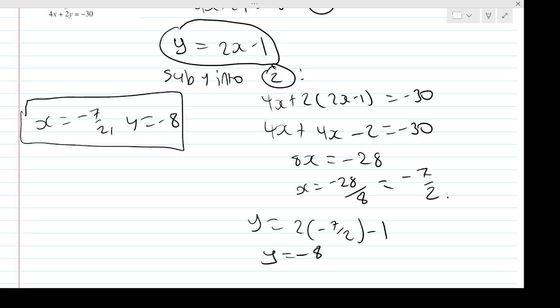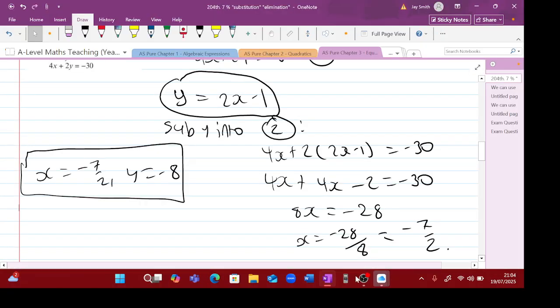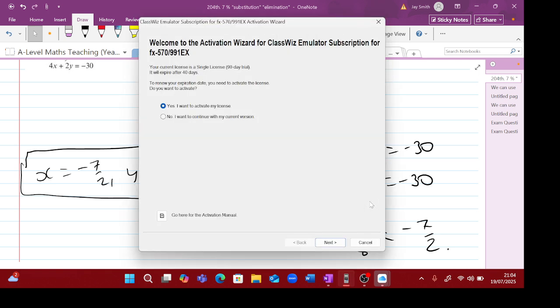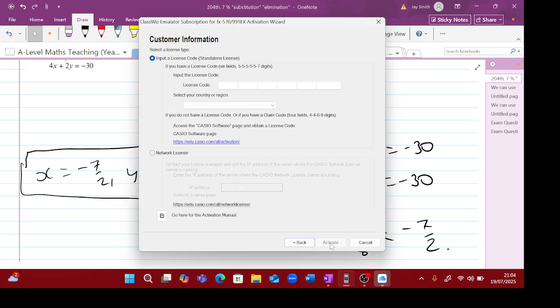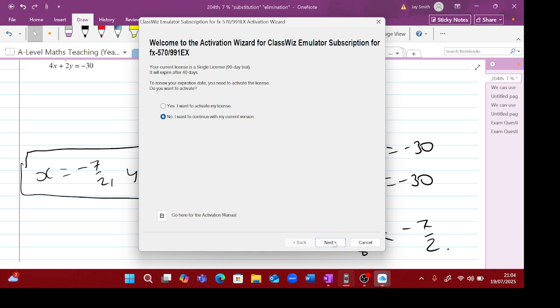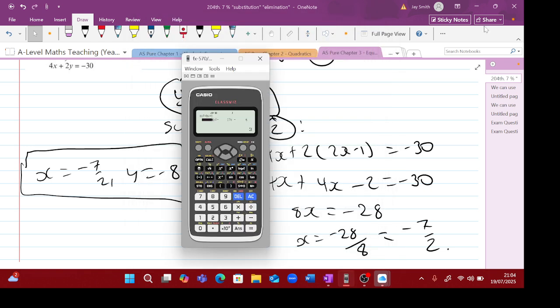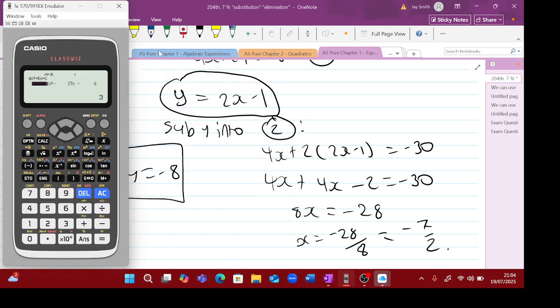Great stuff. Okay, before I move on, like with quadratics, the calculator you'll be expected to have for A level will also be able to solve simultaneous equations.